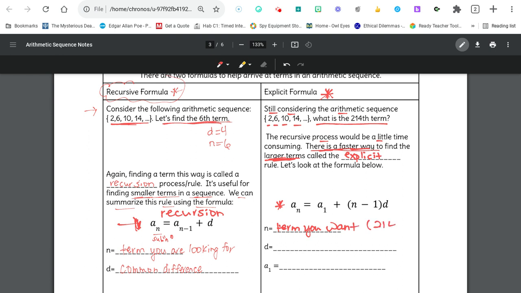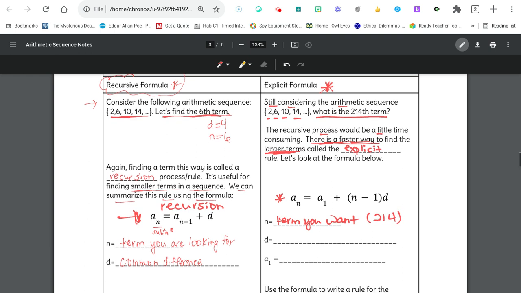Which is, in this case, 214. The common difference is still 4. It's the same sequence. And a sub 1, well, if a sub 6 stood for the sixth term, and a sub 5 stood for the fifth term, then a sub 1 would stand for the first term.